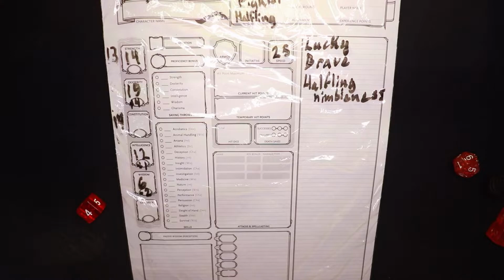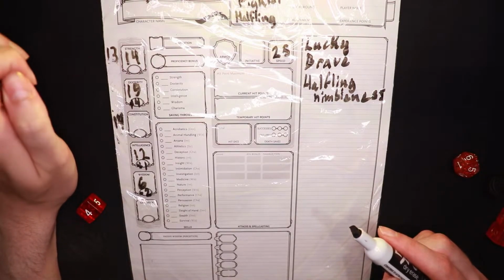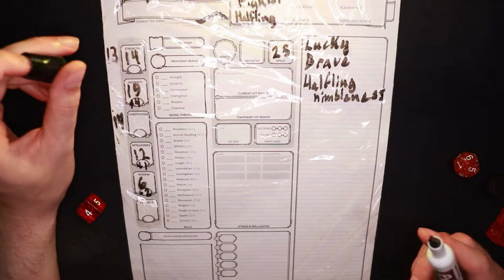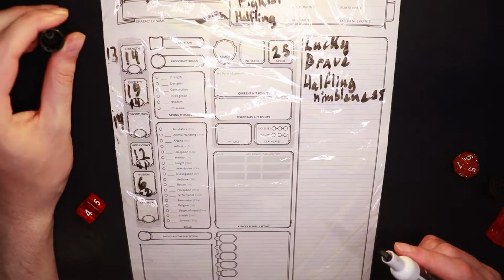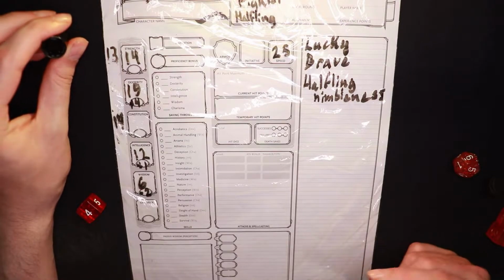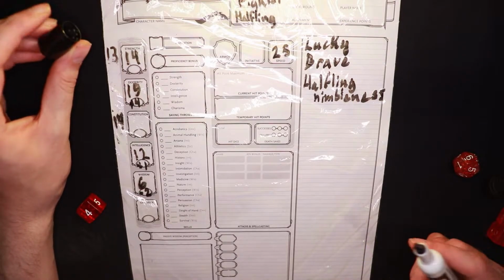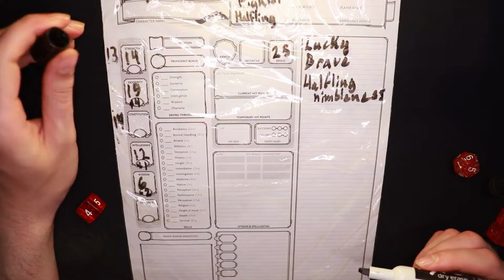That's their little trick. So what they get is a charisma score increase and the naturally stealthy ability, which allows you to hide behind creatures that are at least one size larger than yours.